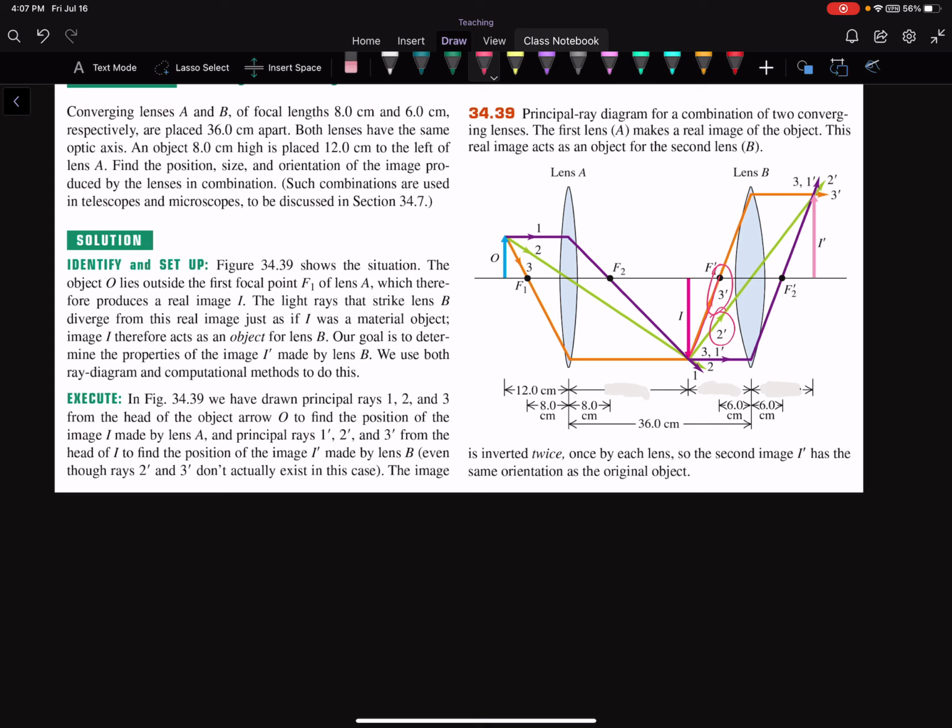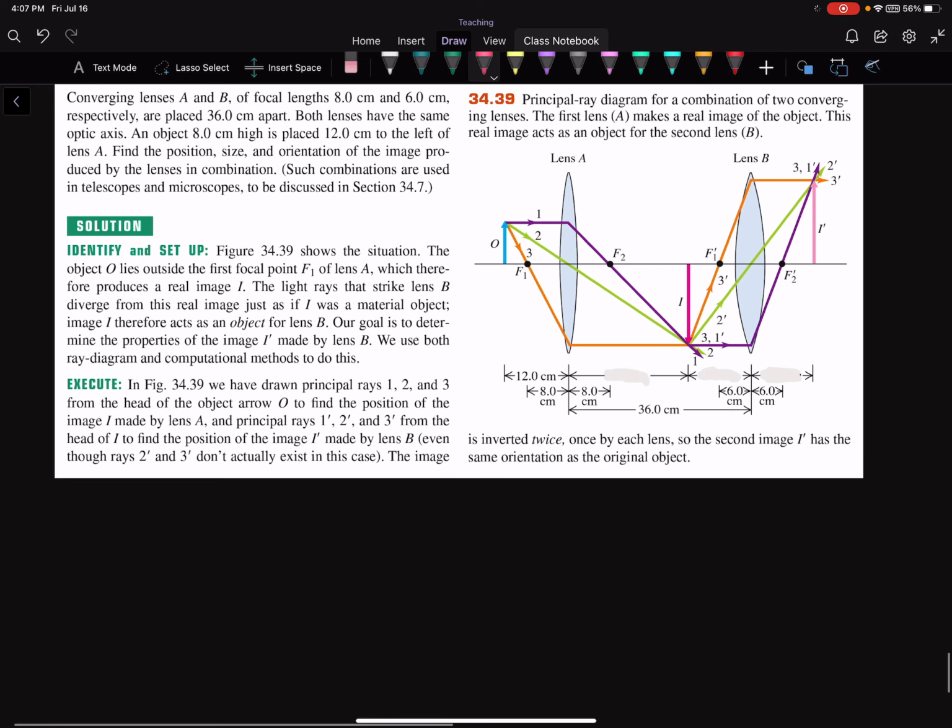And so yes, here there is a clear image of the tip of the arrow, even though it's magnified. It's a clear image made by that lens A. If you were to put your eyeball there, you'd be able to see it clearly. But the path of the light is not done, they're saying. We're considering it if it keeps going on through lens B. Well, there's no mirror here that's causing the light to reflect. So this green ray actually would not do that, right?